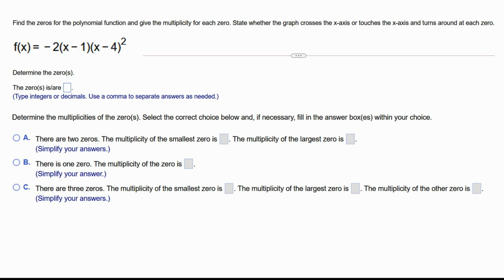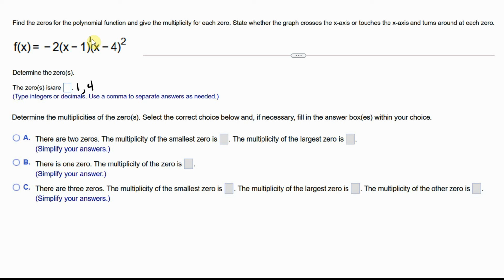So first of all, we find the zeros, and you see that x is equal to 1 and x is equal to 4, right? We all got that? Okay, good. Now determine the multiplicities of the zeros. Here the power of x minus 1 is 1, so x equal to 1 has multiplicity of 1, and x equal to 4 has multiplicity of 2.